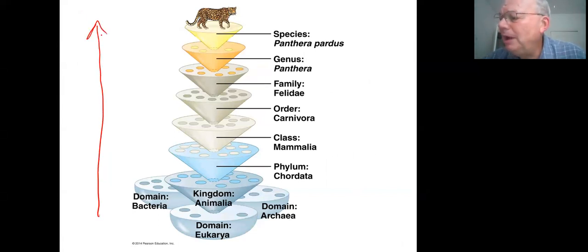At the bottom, we have the most exclusive, most inclusive. So the domain categories are the most inclusive. And at the top, we have the species, and that is the most specific.